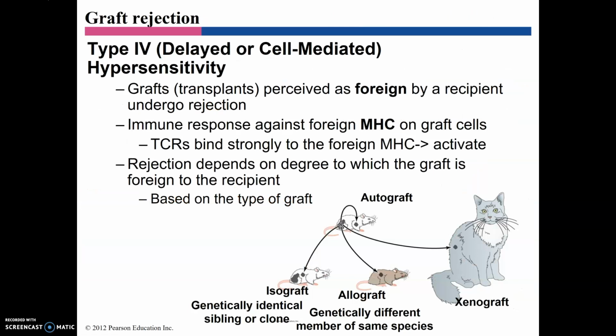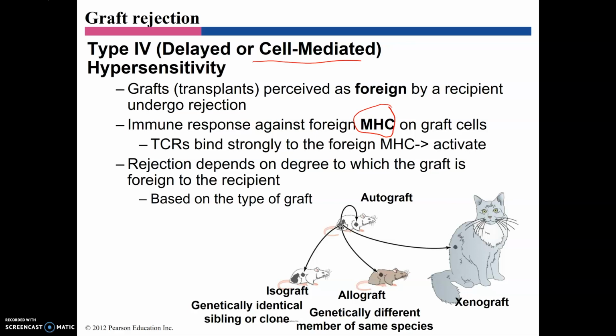Okay, so now we're going to talk a little bit about graft rejection or organ rejection, and this is also a type 4 cell-mediated type of response. So grafts are transplants, and they can be perceived as foreign. So what's happening here is that the MHC on the graft cells are what's being recognized, regardless of whether there's potentially antigen being presented or not.